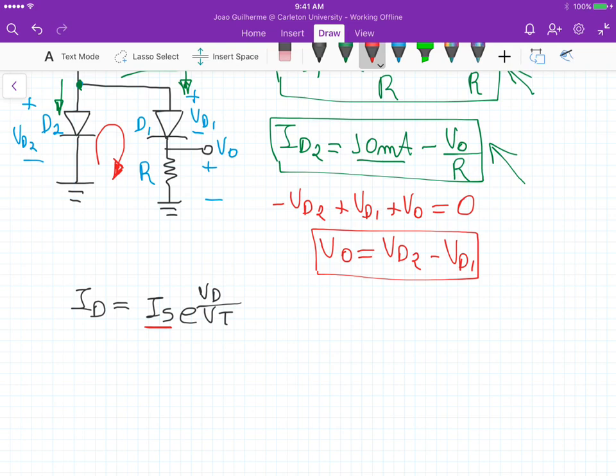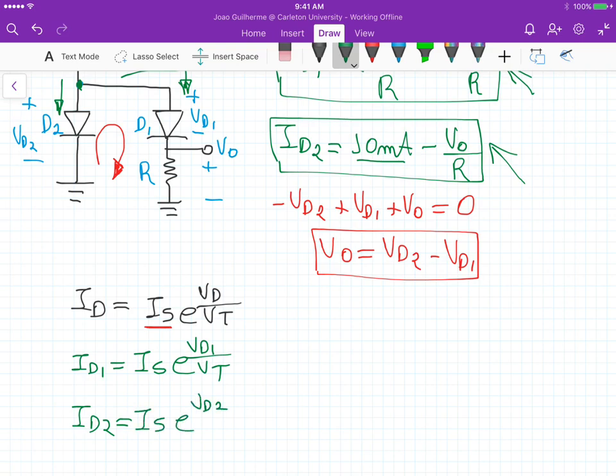In this case, ID1 is equal to IS exponential of VD1 divided by VT, and ID2 is equal to IS exponential of VD2 over VT.